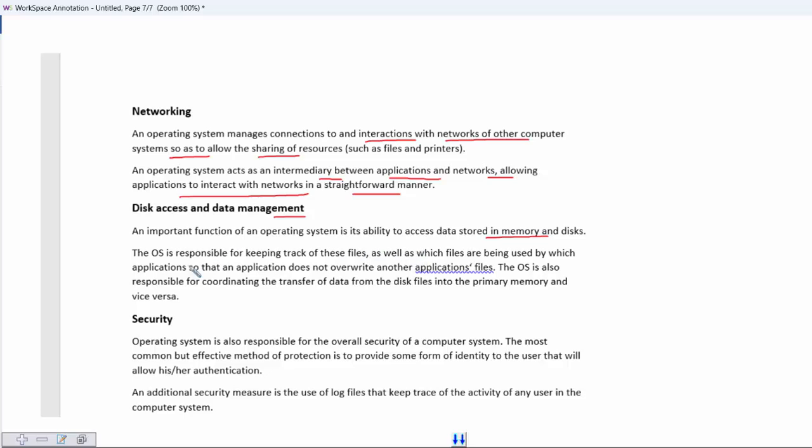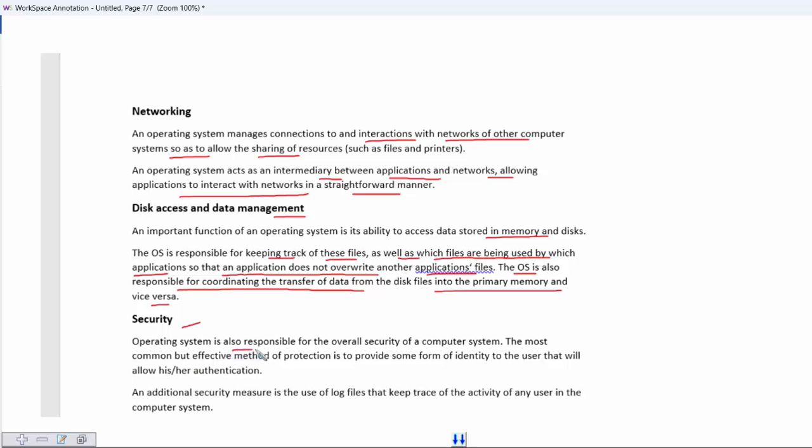The operating system is responsible for keeping track of these files as well as which files are being used by which application so that an application does not override another application's files. The OS is also responsible for coordinating the transfer of data from disk files into the primary memory and vice versa.